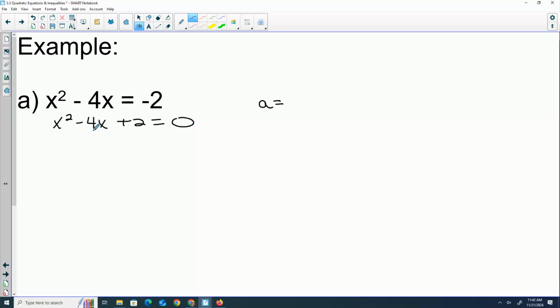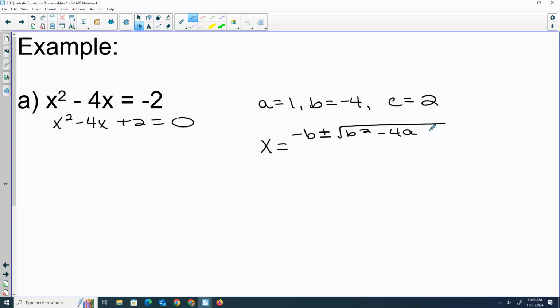A is the number in front of x squared, so that's a 1. B is the coefficient of x, so that's -4. C is the constant, so that's 2. So the formula: x equals the opposite of b plus or minus the square root of b squared minus 4ac, all over 2a.